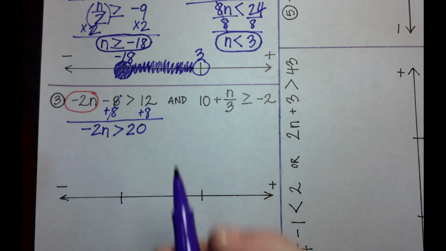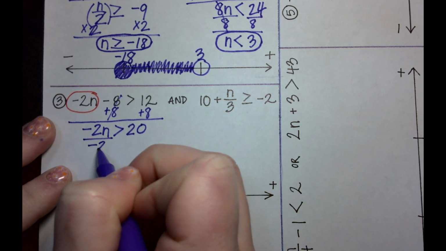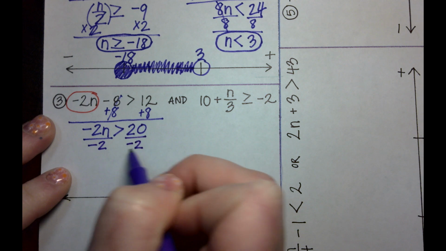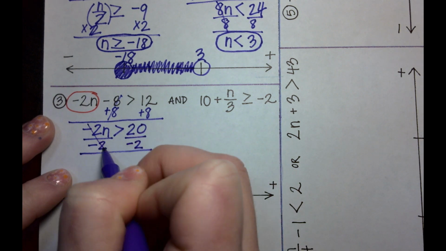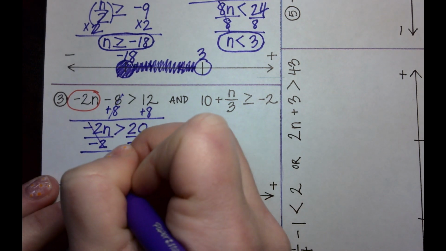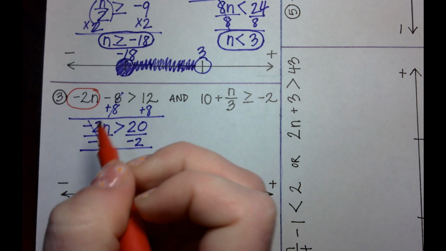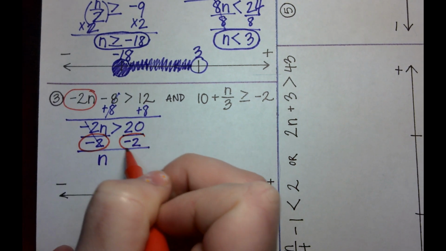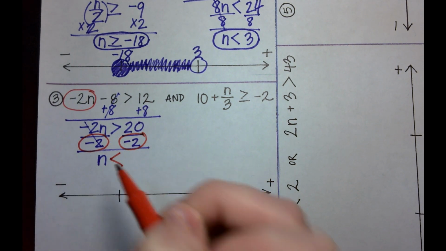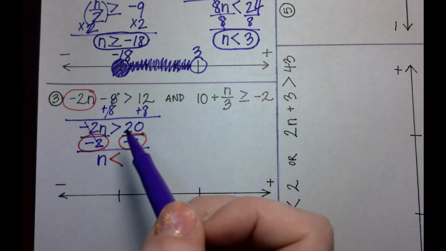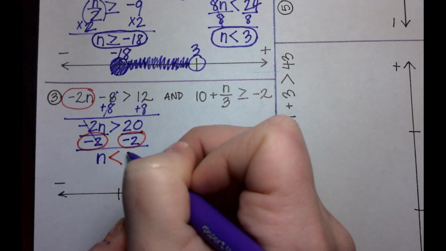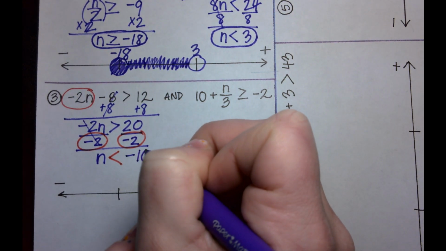Divide by -2. Good, let's divide by negative 2 on both sides. And it's going to be n is less than. Good, we got to flip our sign. And again, we're dividing by a negative here, so we're flipping our sign. n is less than, what was that answer? -10. Good.